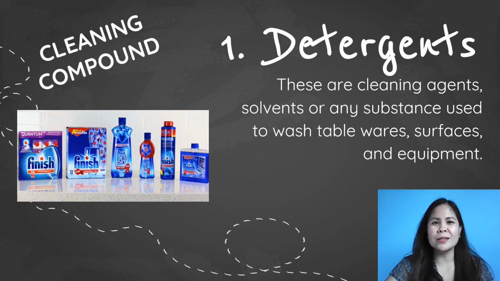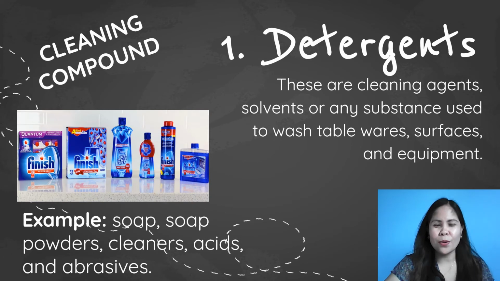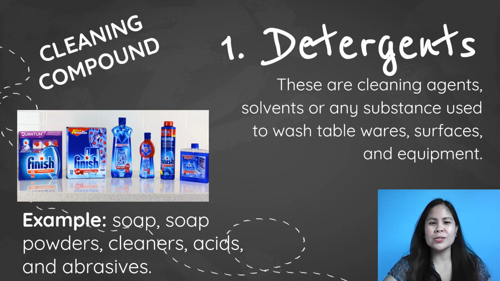A detergent is a product that removes dirt and dissolves grease. It is a surfactant that can help you remove dirt and grease from dirty dishes and preparation areas. Using detergent should be one of the first steps in cleaning. Examples of detergents are soap, soap powders, cleaners, acids, and abrasives.